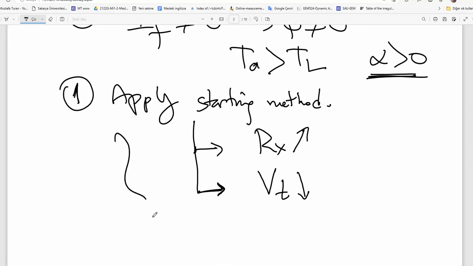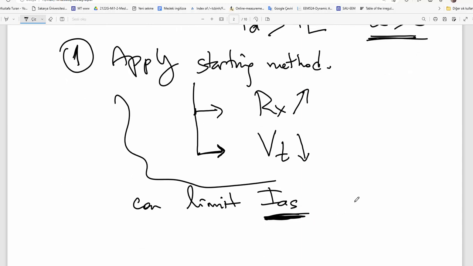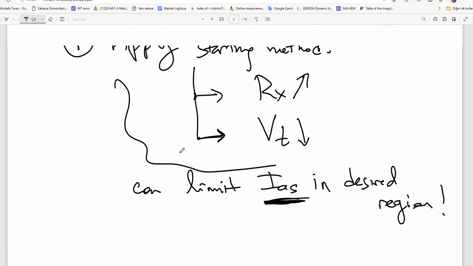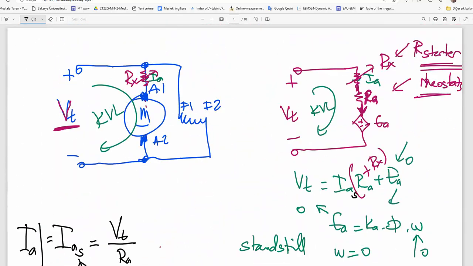So by using such a method, you can limit the startup armature current to a desired interval. That is the issue related to the startup process.